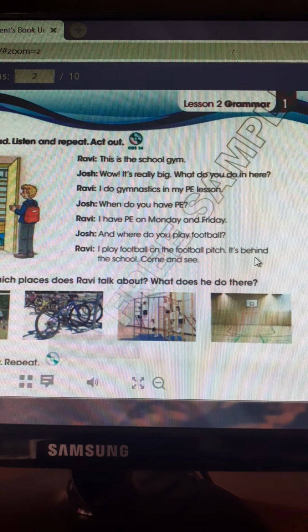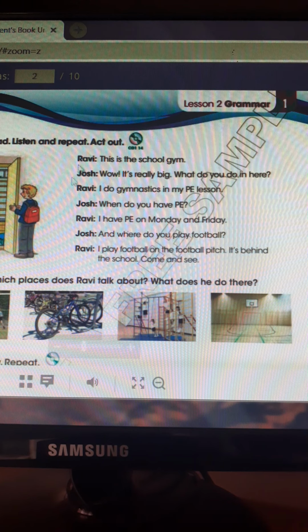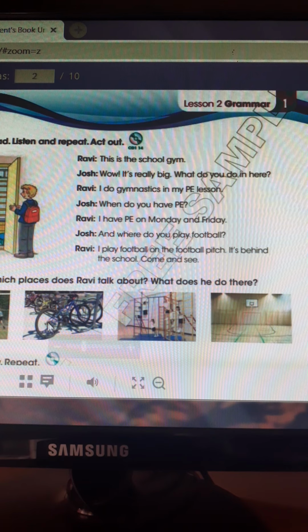Okay, here we listen to the dialogue. Now, activity 2 says, read again. Which places that Ravi talk about? What does he do there? Okay, so you have to read this and tell me which of these places he say in the act out, right?